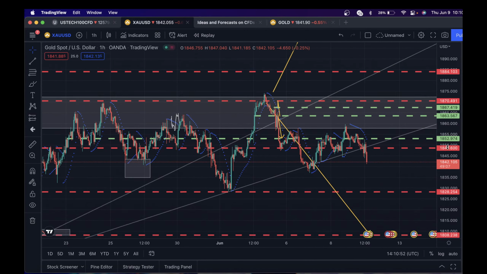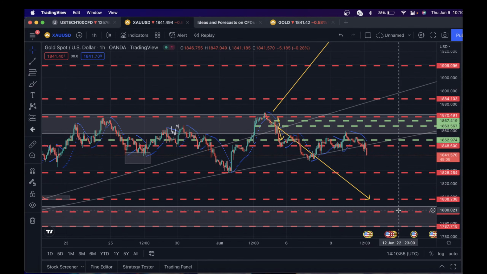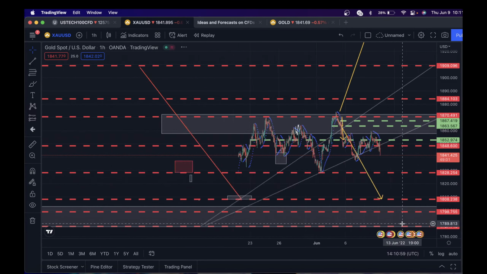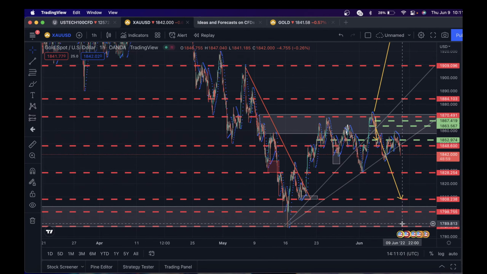If we break 1830, it's possible we can go down to 1808 or 1800 or 1788. So we do have more price here. It's possible to form a double bottom here at 1830 or even at 1808 or even 1787 before going up to the 2000 levels again.